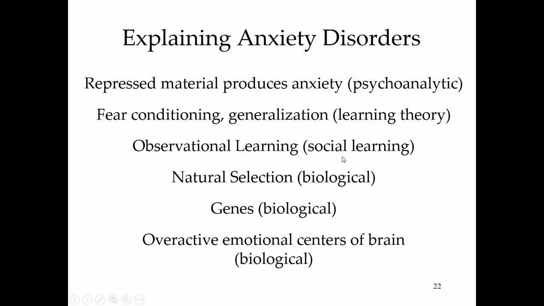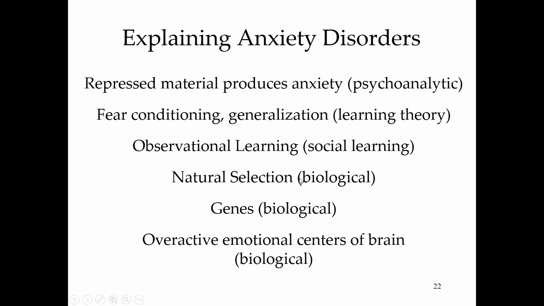If we approach it from the social learning viewpoint, we might say observational learning also could contribute to an anxiety disorder. Maybe we saw someone fall off of a ladder. Now we've developed a fear of heights and so on. From the biological standpoint, natural selection might come into play.